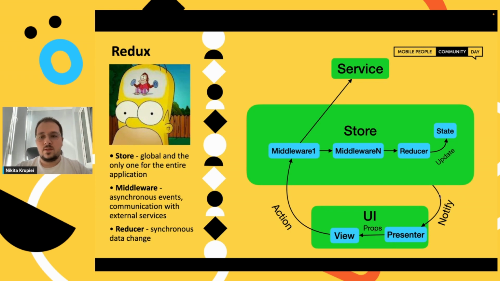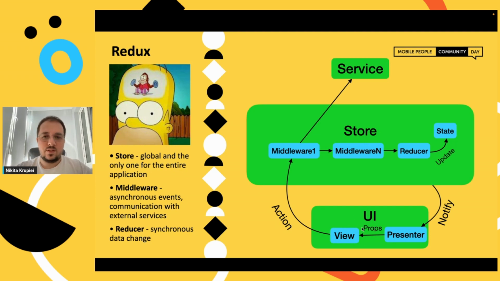The presenter takes the state and transforms it into some props, and the view is referring to props. So the view doesn't decide what to take from the state. In props it has something like, I don't know, title, subtitle, some actions, login action, etc. So it gets great testability.